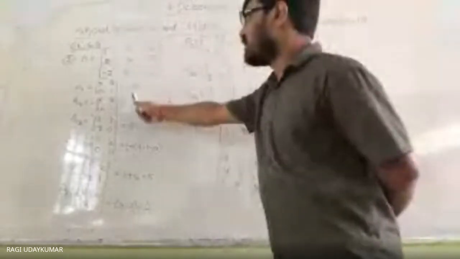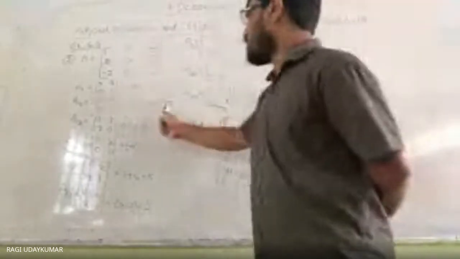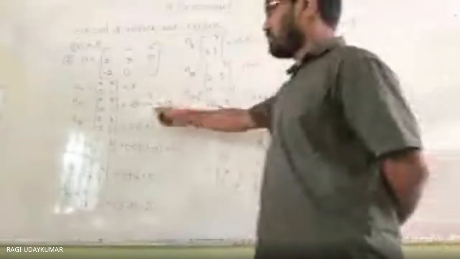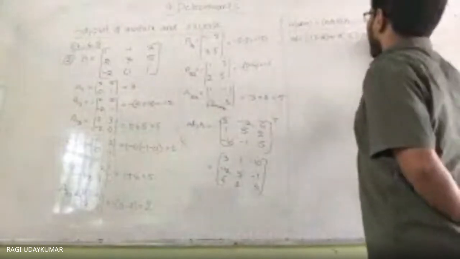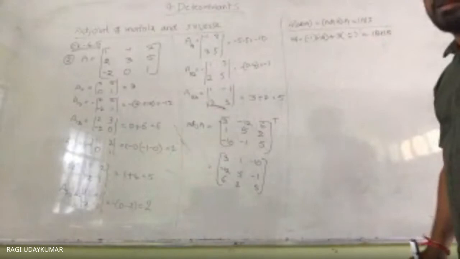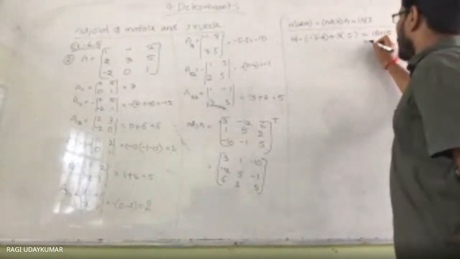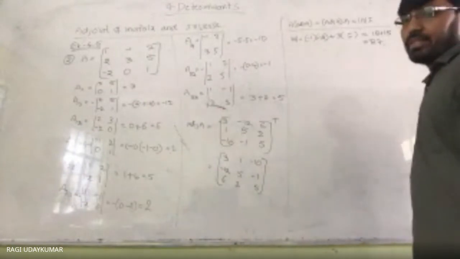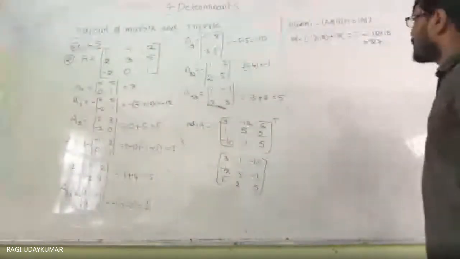The cofactor here is the cofactor of A12, which is minus 12, plus this 3. What is the cofactor of 3? A22 is 5, which is equal to plus 12 plus 15, which is equal to 27, isn't it?